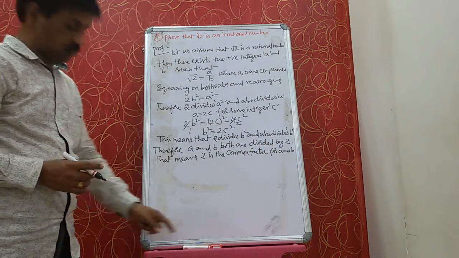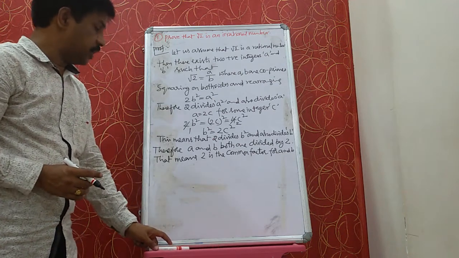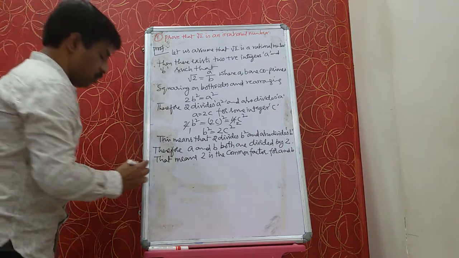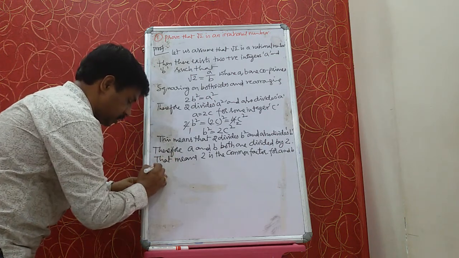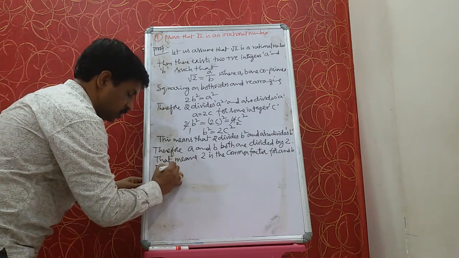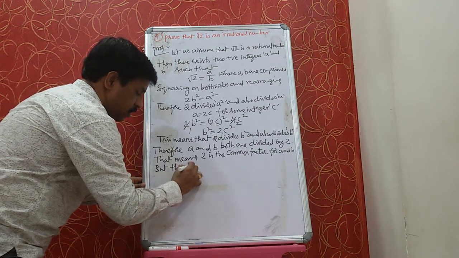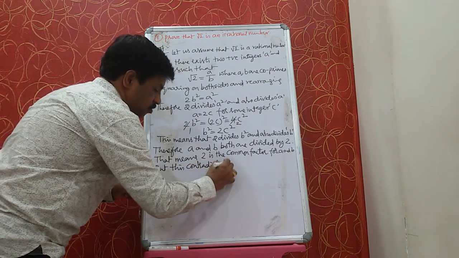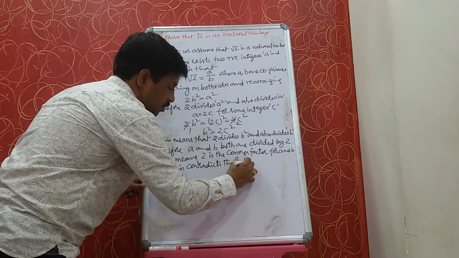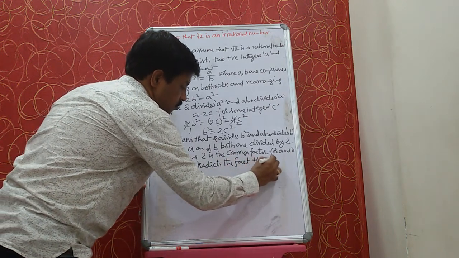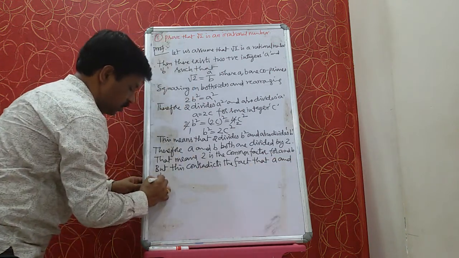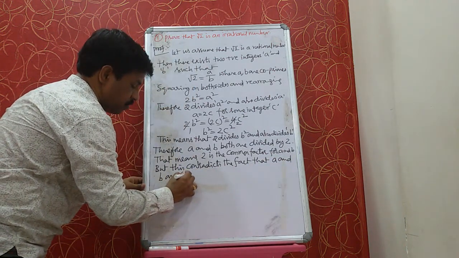When 2 is a common factor for a and b, then a and b are not co-primes. So this contradicts the fact that a and b are co-primes.